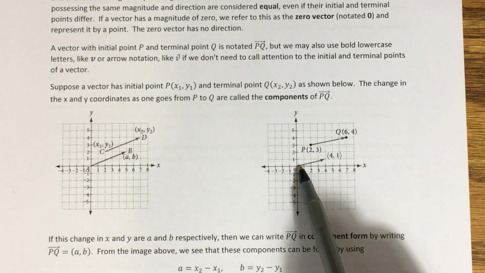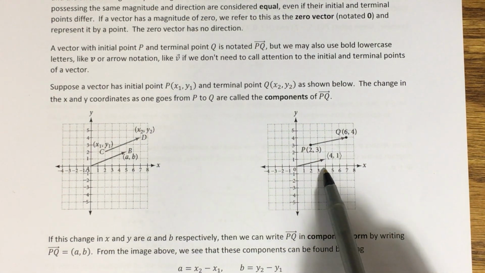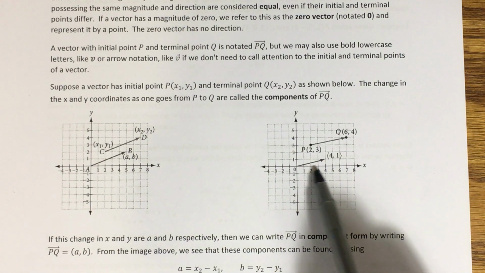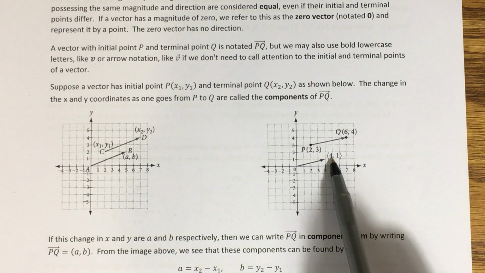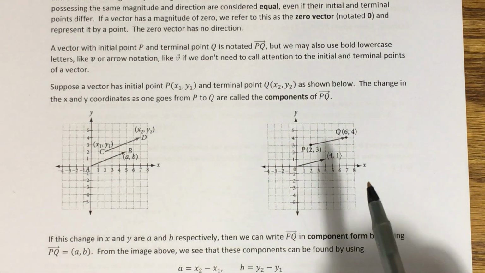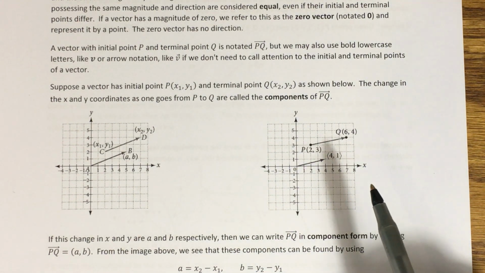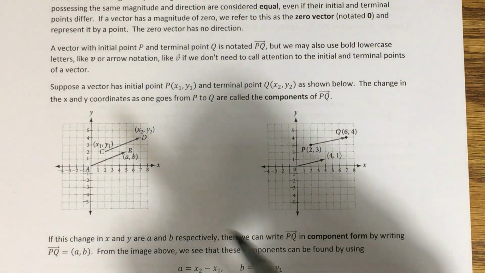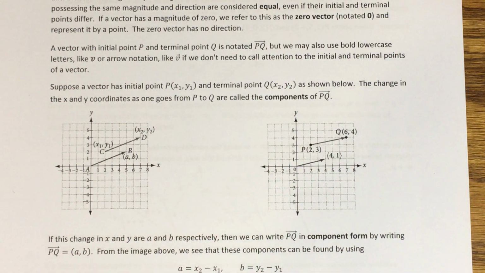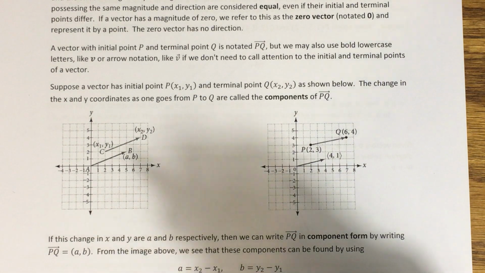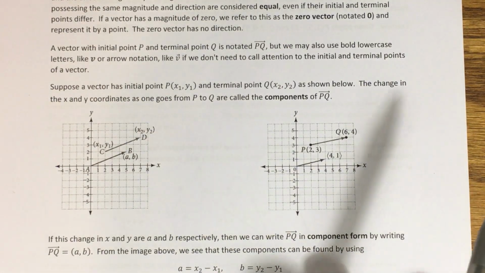So horizontally, from the initial to the terminal point, I move 4 units, and then vertically, I move up 1 unit. So 4 units to the right, 1 unit up. 4 and 1 would then be considered the components of that vector. And it's a way for us to assign quantities to vectors that make them identifiable.